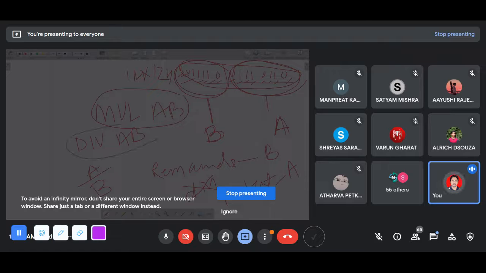Whenever you do the division, you have to use the syntax DIV AB. In this, the answer is generated in the form of remainder and quotient. So by default, the remainder will be stored in B and your quotient will be stored in A. I hope you have understood this.